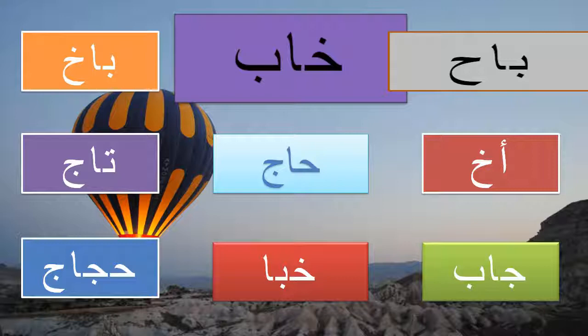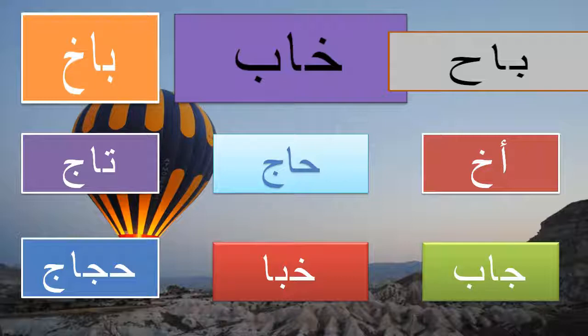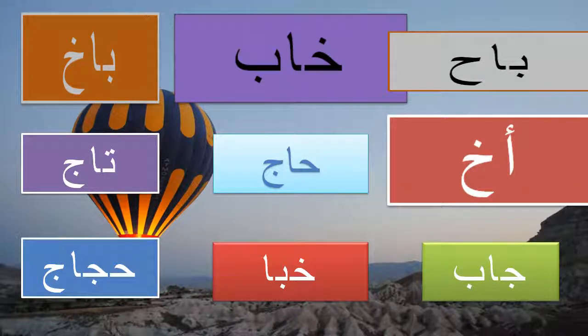Kha, a, b, khab. Very good. Now the third word starts with a ba, then alif, lastly kha. So you read it as Bach. Now the fourth word has two letters. It starts with an alif, then the khaa. Alif has a hamza above it, so we pronounce it as a, and the khaa. So it's akh, which means brother.